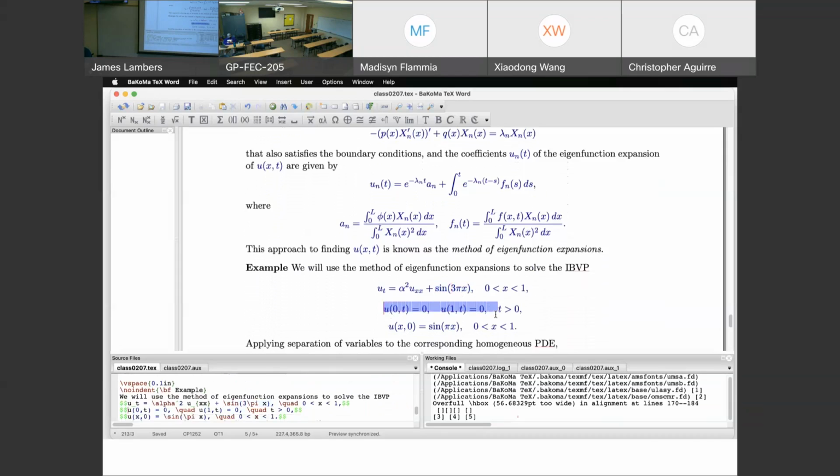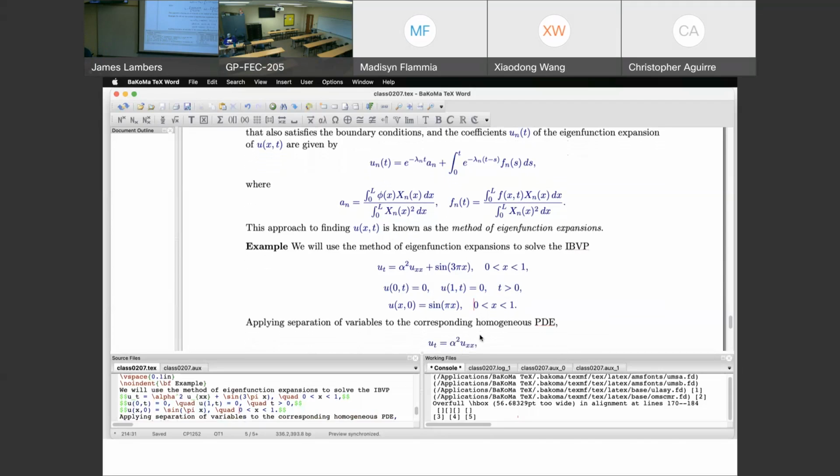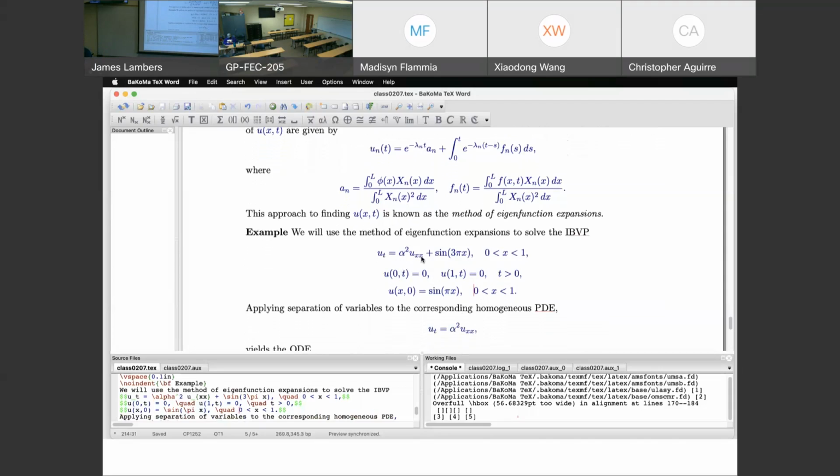Homogeneous type 1 boundary conditions. And then here's your initial data.